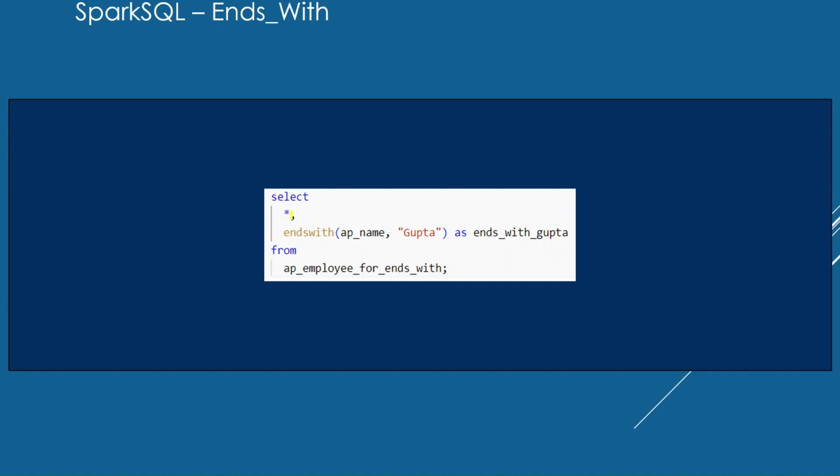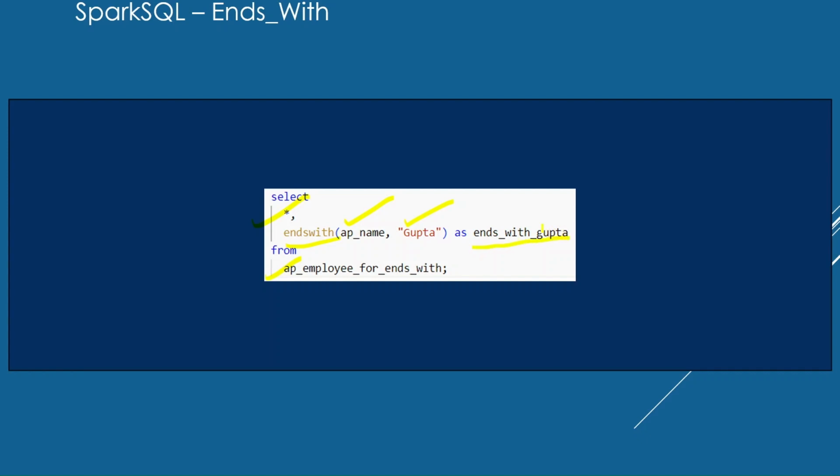First it selects all the columns from the table we just created, and I am using the ends with function. It takes two arguments, so I am passing AP name, and I am checking whether the AP name value ends with Gupta. It will return true, otherwise false, and it will create a column, and I have given the alias of the column as ends with Gupta.